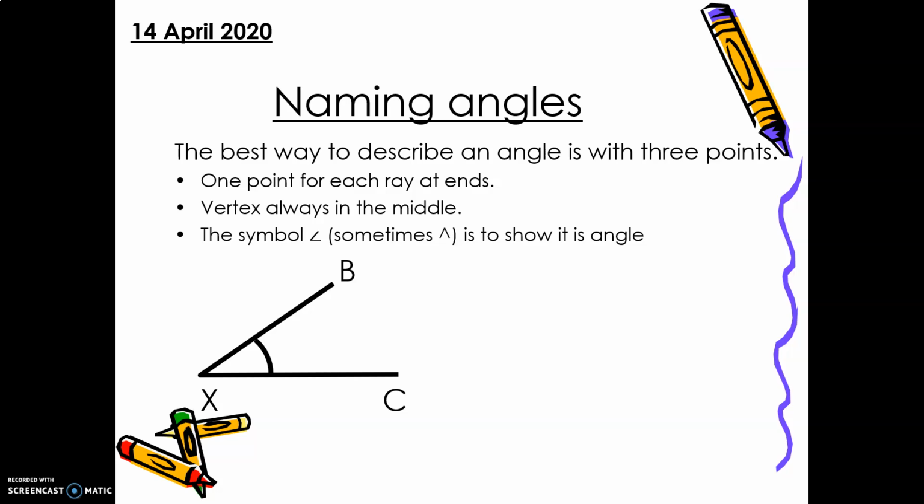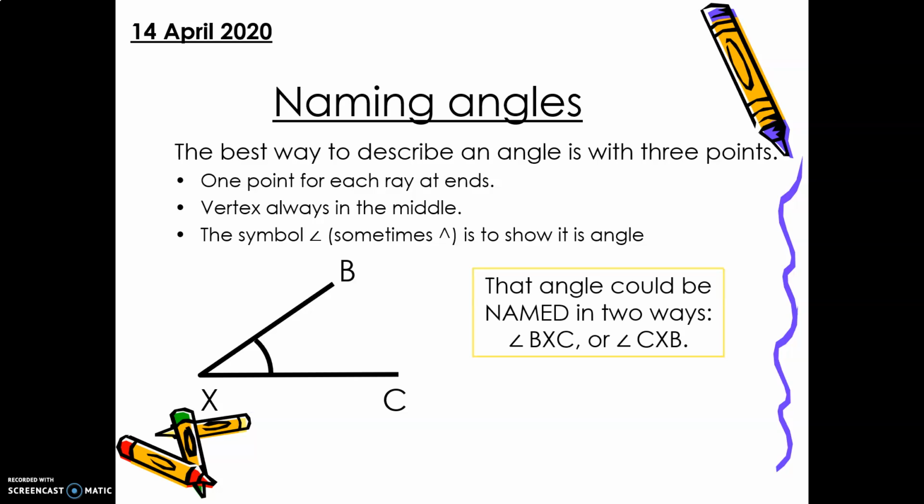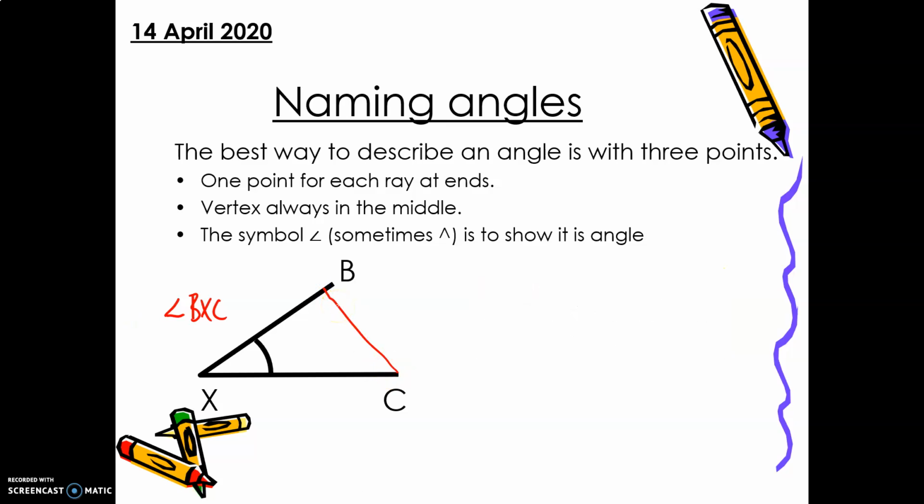If we were to label that angle, we would call it VXC. And the key thing is that we would put a little angle sign there to say that it was referring to that. The reason for that is a lot of our angle work is dealing with triangles.